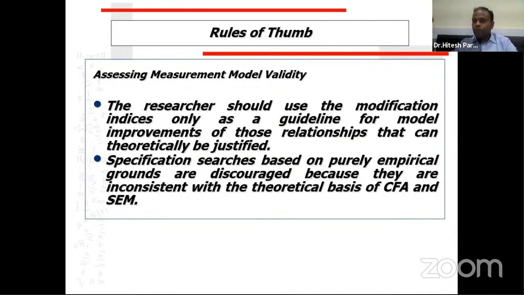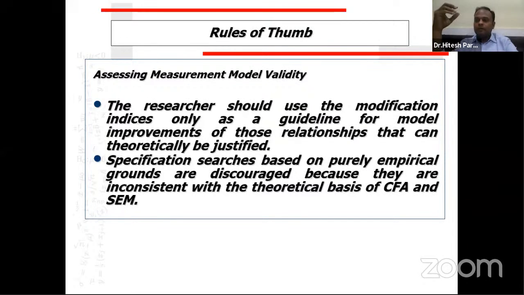But as the model fit values are low, we will go for correlating the errors. But it is said that only if it is justified should you correlate the errors. Otherwise, you should not. Within the construct only, you should correlate the errors. Between the constructs, the errors should not be correlated. That you should keep in mind.